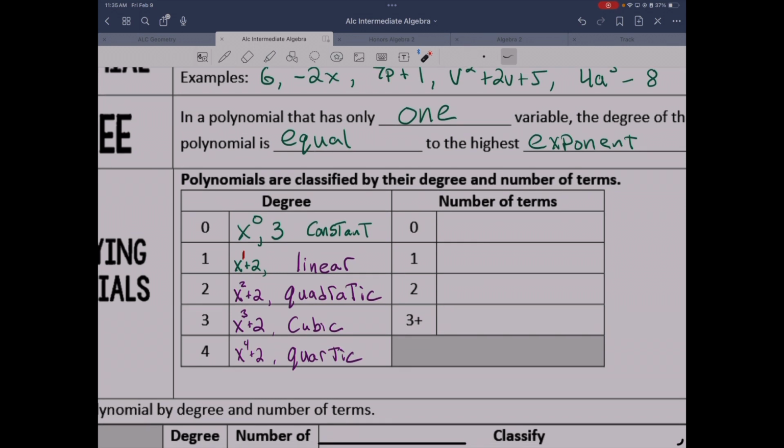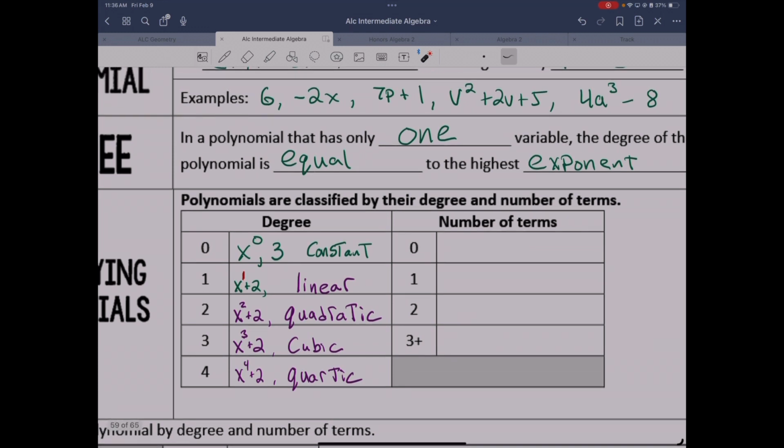We also name them by the number of terms that they have. If you noticed when I was talking earlier, I said monomial, binomial, trinomial. Well, if it has 0 terms, there's nothing there. Does it make sense for something to have 0 terms? No. So that's an error in my notes.